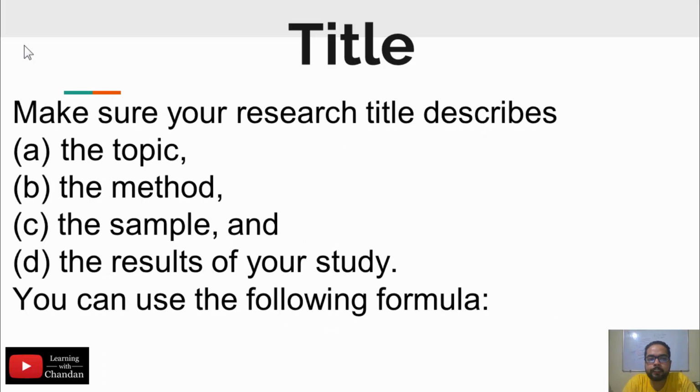Your research title should describe the topic, the method that you have used, the sample, and the things that you have found out, meaning the results of your study. Now you might be wondering how we can put all of these things in a single title. So I will give you a magical formula by which you can make a very nice title which has all of these things.